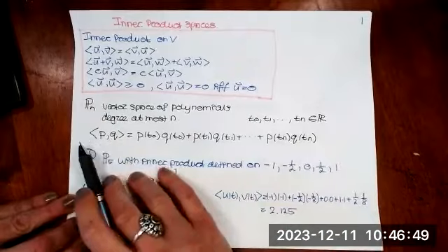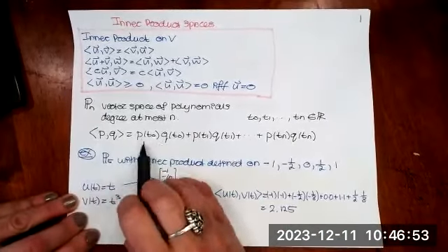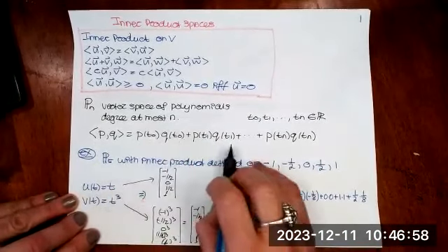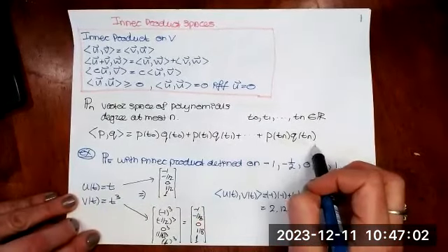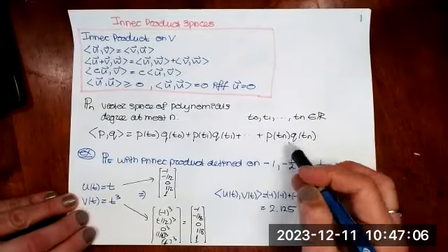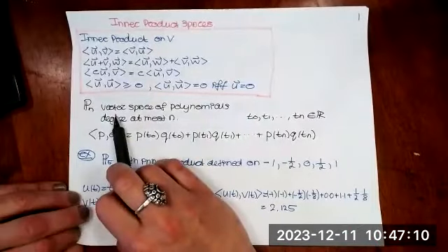The formula for the inner product of 2 polynomials is the first and second polynomial evaluated at t0, first and second evaluated at t1, and all the way to tn. We showed that this always satisfies all of those conditions.